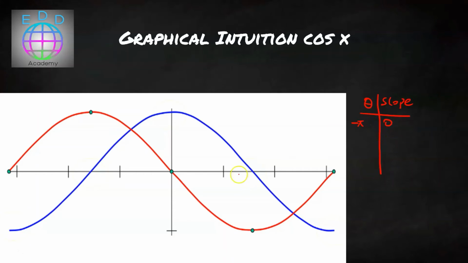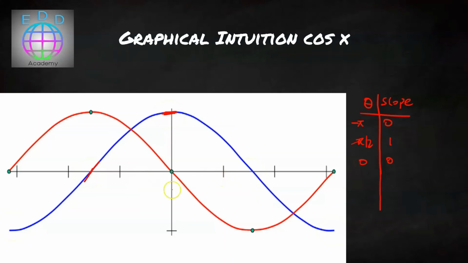We can look at pi over 2 now, or excuse me, negative pi over 2, and the tangent line seems to be of the form y equals x. So that means it has slope of 1. So at negative pi over 2, the tangent line has slope 1. Now, looking at 0, once again, we have a horizontal tangent line, which means that our slope is 0.